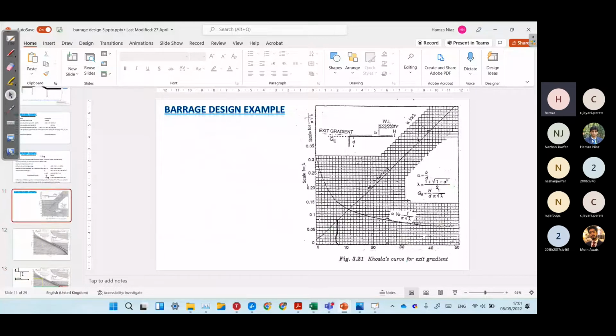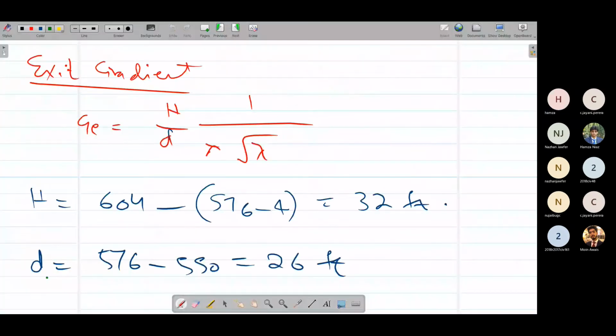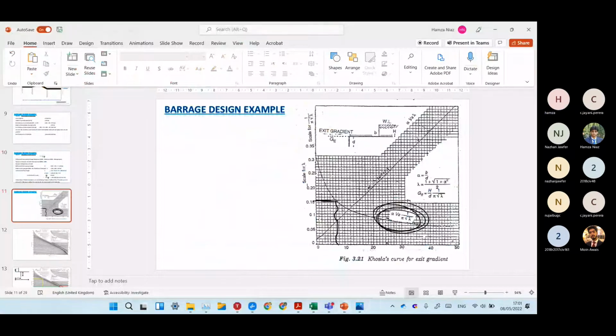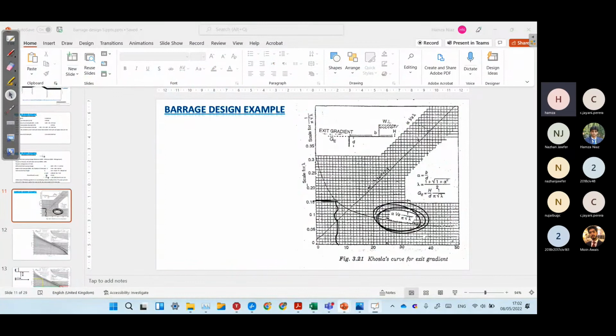For approximately 7.64, we can calculate this whole factor from the graph. It is approximately 0.15. This curve we have to use is alpha versus 1 over pi root lambda. So this is 0.15. We know the H value, we know the d value, and we know this factor value. Simply multiplying, we can calculate this GE value.